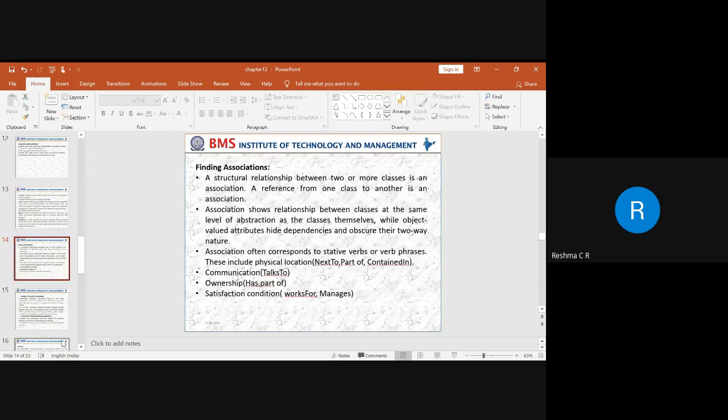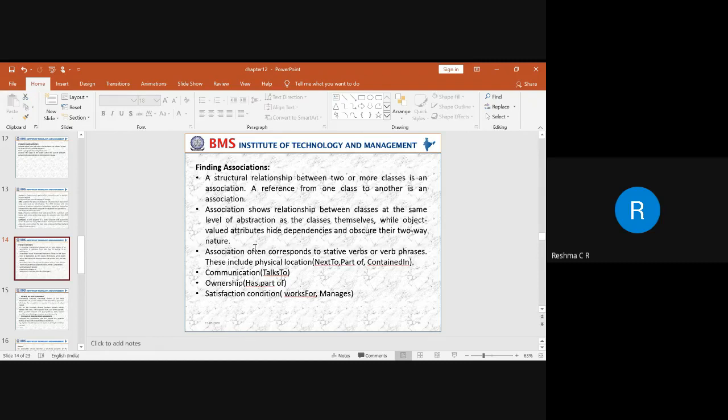After identifying all the names of the classes and describing them, after preparing the data dictionary of all the classes, next we need to relate the classes. How do we relate each and every class? Each and every class is related by using an association.